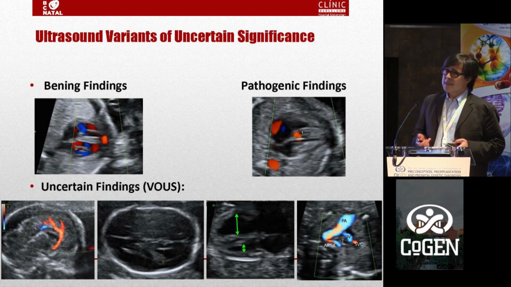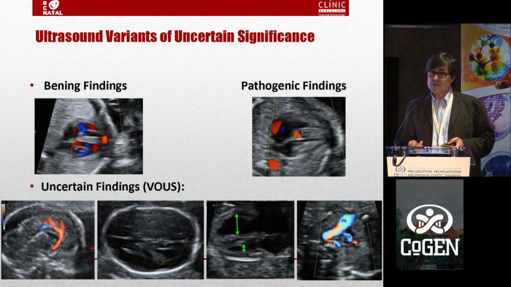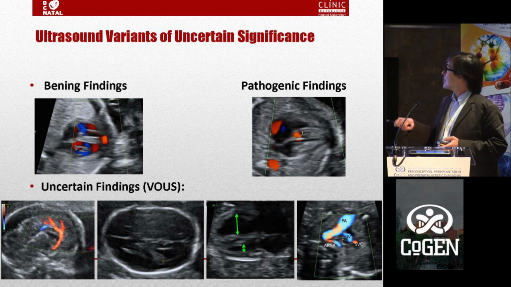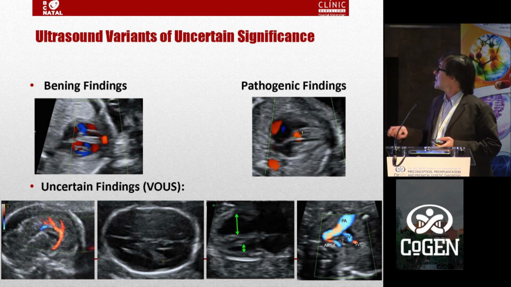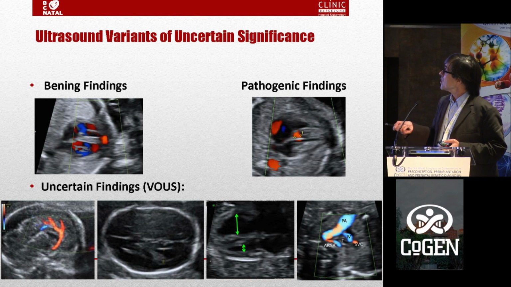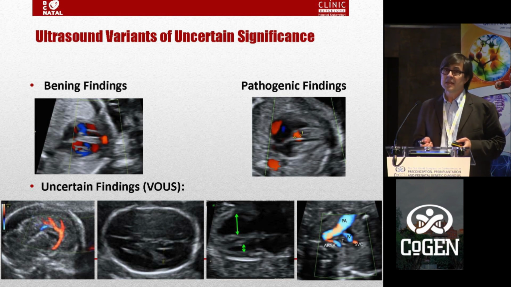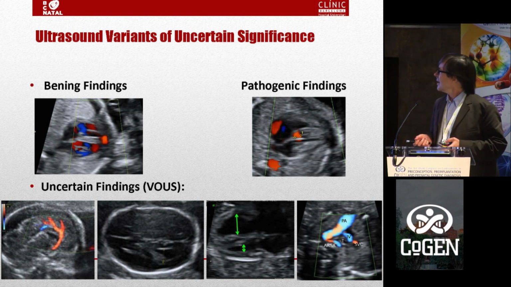Also, in ultrasound examination, we have a lot of uncertain findings. We have some benign findings, for example, VSD, which is muscular. This is a benign finding. There are some pathogenic findings, the same VSD when it's perimembranous, and there are a lot of uncertain findings.